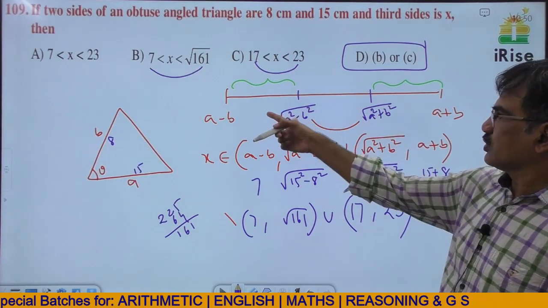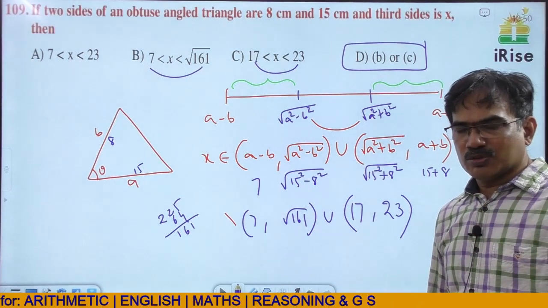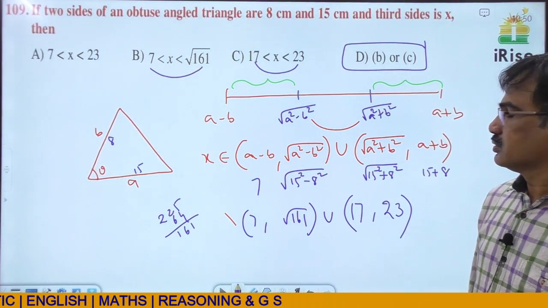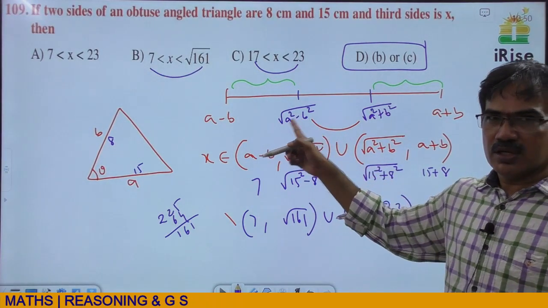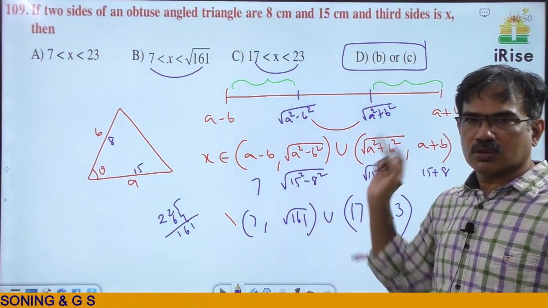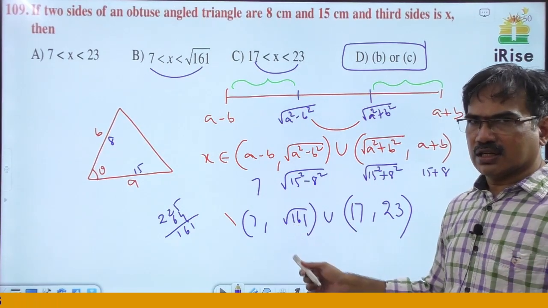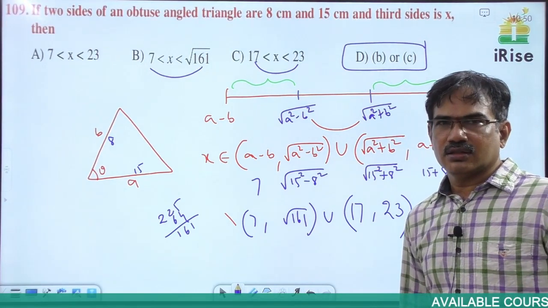Some previous questions are based on this condition also: acute angle triangle, obtuse angle triangle, and triangle condition. If it is exactly a right angle triangle, the third side may be either root of a square minus b square or root of a square plus b square. If it is exactly root of 161, it is a right angle triangle. If it is exactly 17, then also it is a right angle triangle.